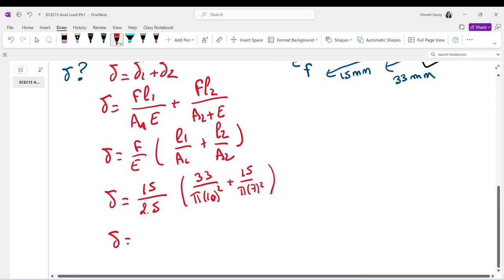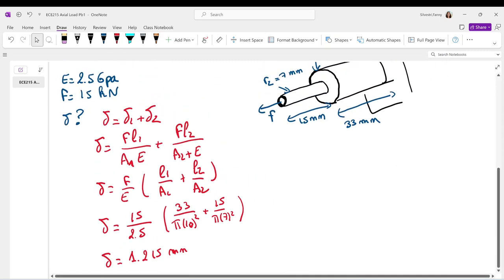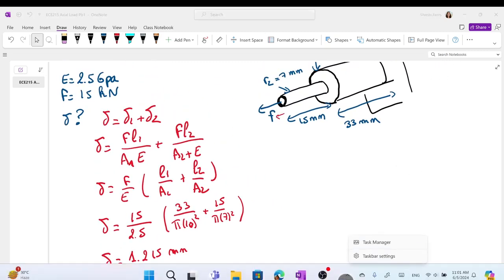And when we plug everything in, the first one will be 0.63 millimeters, the second one will be 0.585 millimeters, and the total will be 1.215 millimeters. So in total, this rod will elongate by 1.21 millimeters.